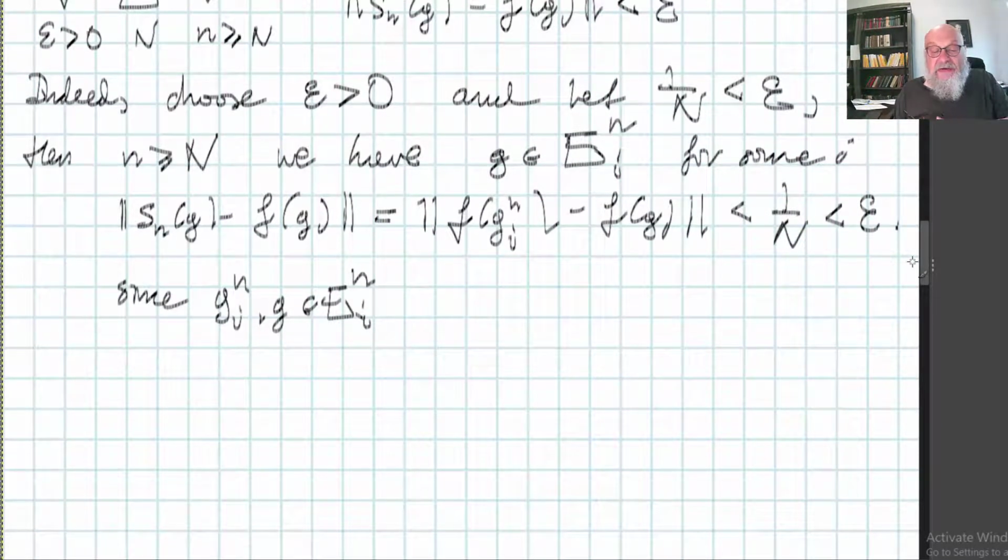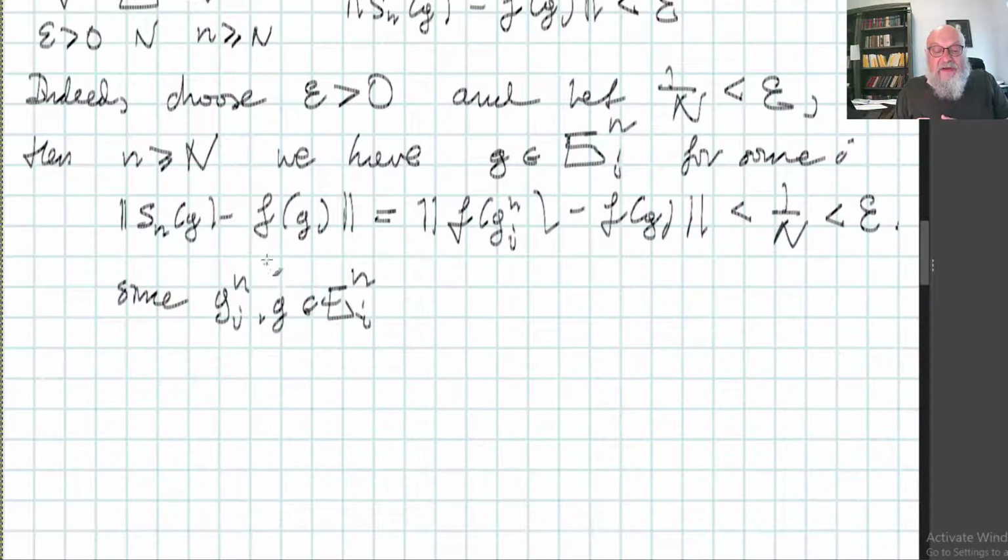So notice that this is true for all functions. You can see clearly here that for a continuous function, this is true for every g.